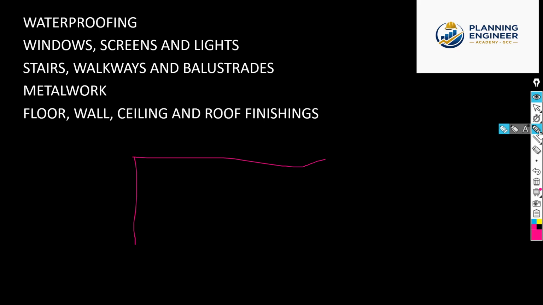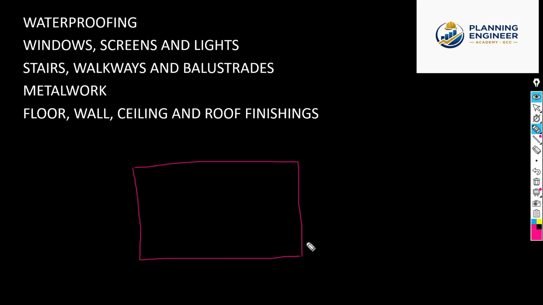This is the key plan of your project. Okay, so there may be a garden, a car park, a substation, a helipad in this area. This is the building area.